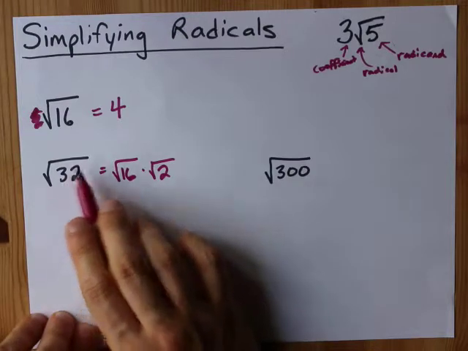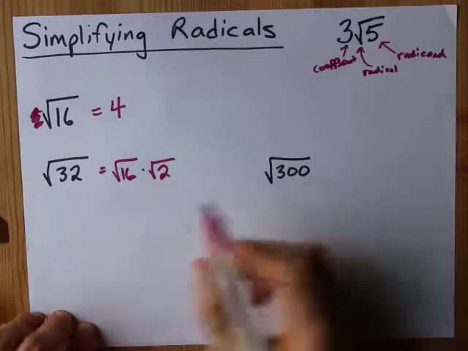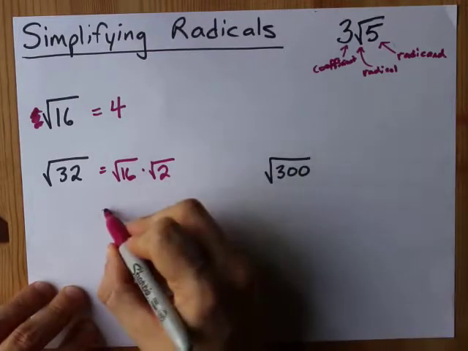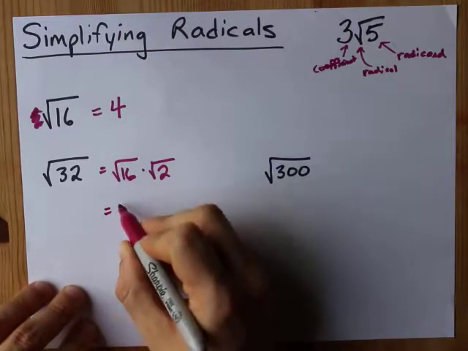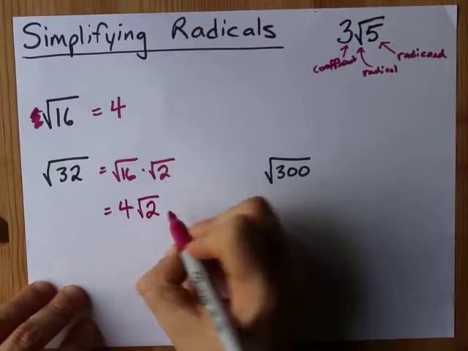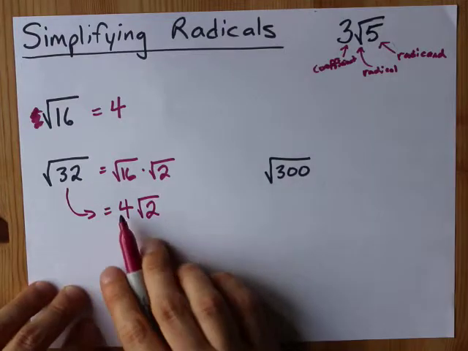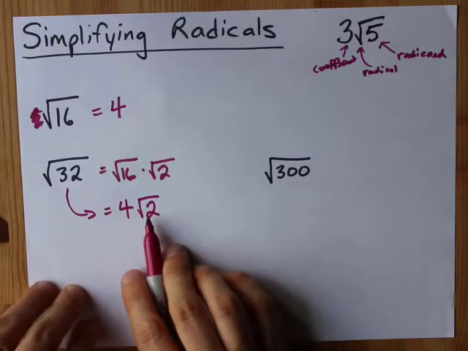You're allowed to break this number up into two numbers that multiply to make it. Now, the square root of 16 is 4, and so you're allowed to rewrite root 16 as just 4. You're still stuck with the root 2, but root 32 has been simplified to give you this coefficient and a smaller radical.